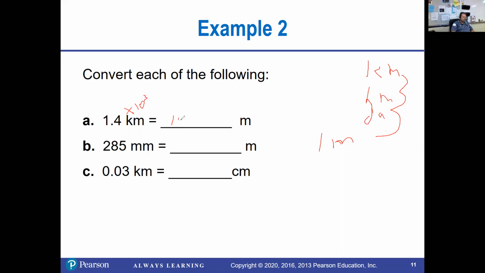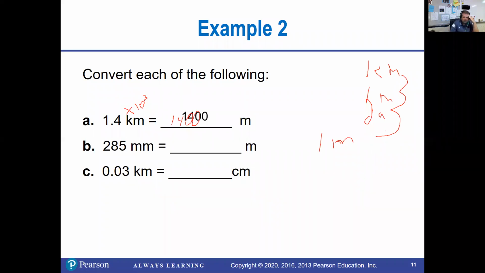So this is going to be 14,000 meters. 1,400 meters, sorry.